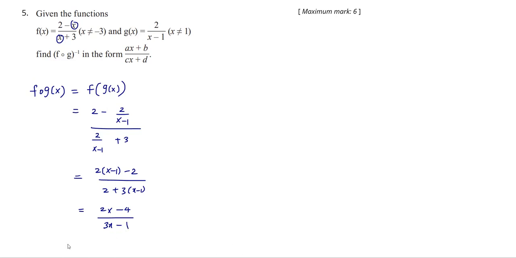X minus 1. This is the f of g of x. F of g of x. So f of g or f of g of x, whatever you call it.